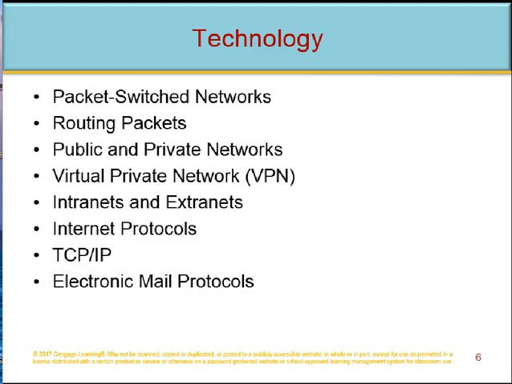IP addressing is today primarily based on Internet Protocol version 4, IPv4, and that's been used since 1991. An IP address in this version is a 32-bit number that's used to identify computers.